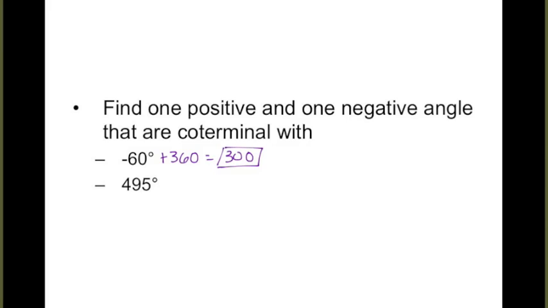So to find the negative, I would take negative 60 and subtract 360 from it. And that gives me negative 420, which would look exactly the same as 300 and exactly the same as negative 60. To find coterminal angles, we want to add and subtract 360 degrees.